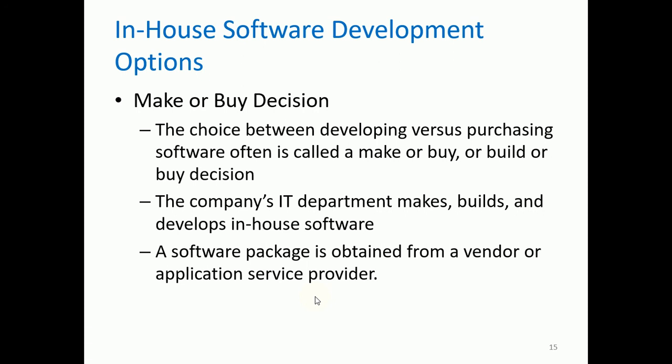The choice between developing versus purchasing software is often called a make or buy, or build or buy, decision. The company's IT department makes, builds, and develops in-house software, and then a software package is obtained from a vendor or application service provider.